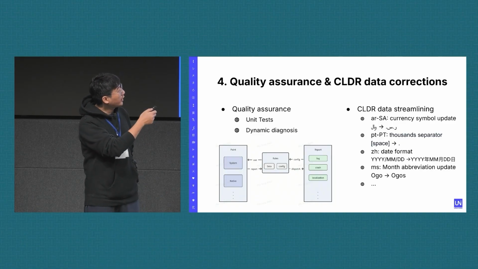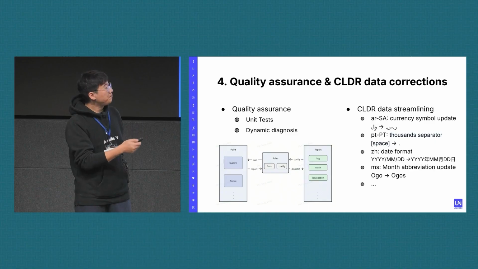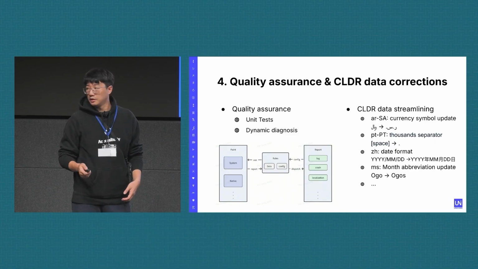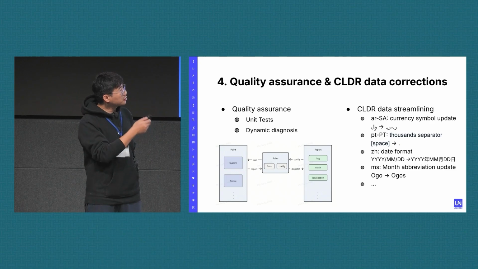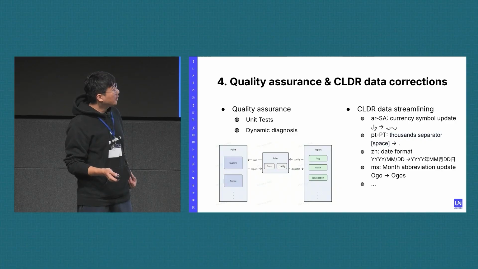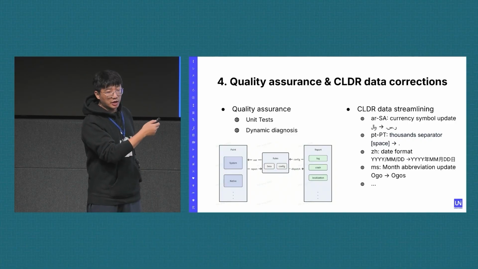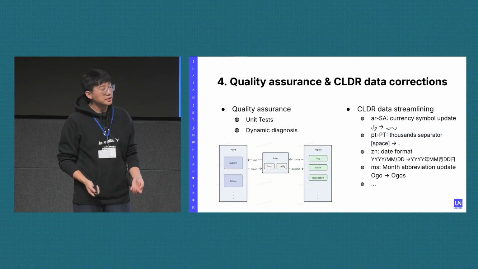For example, for Arabic, we did a currency symbol update. When we are working with linguists that are familiar with the language, you find out this one is more natural and more correct, so we use that. And for other things, we also do all those types of corrections. It's subtle, but it ensures a very good user experience.